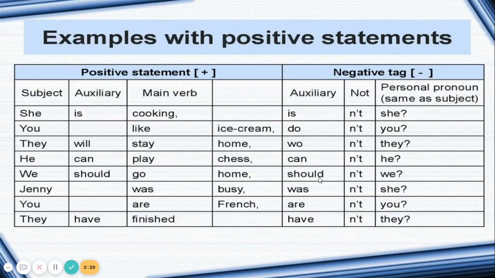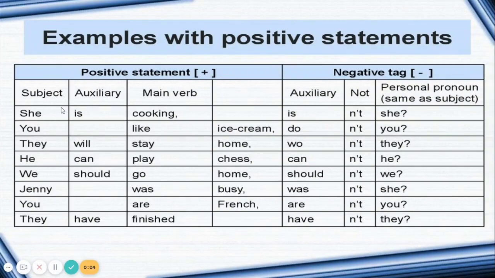Then, examples with positive statements. Now we can see clearly about positive as well as negative statements, to make it more interesting and help you understand more. I have created it. So, a positive statement. How can we see a positive statement? Subject, auxiliary, main verb.